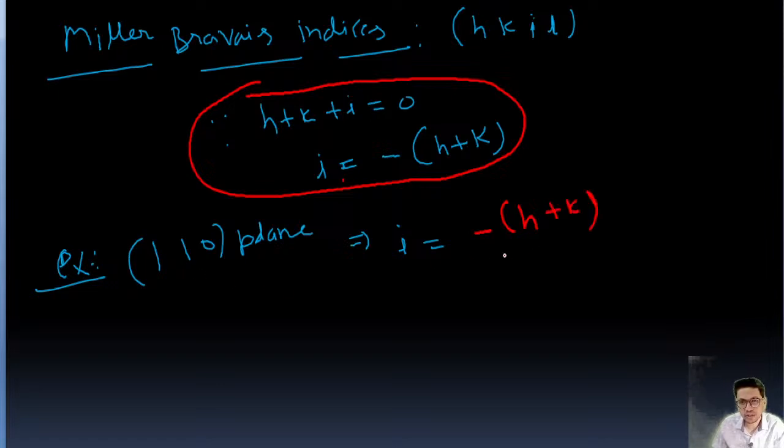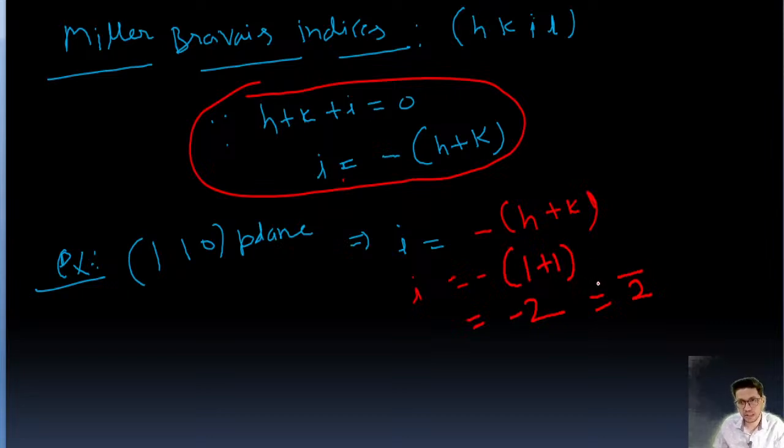And H and K are from HKL, right? So iota is going to be minus (1 plus 1), so this is going to be minus 2. So iota is minus 2, but we write minus 2 as 2 bar, right?